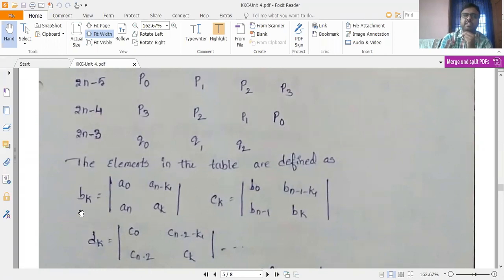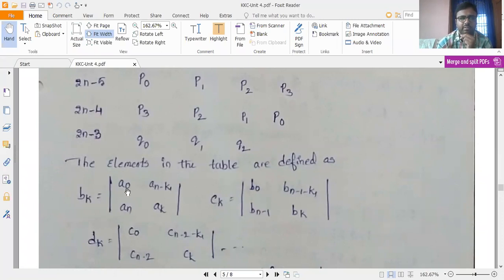Okay, so initially if you want the value b0, the k value is nothing but 0. Therefore, b0 is equal to the determinant of a0, an minus k, an, and ak, where n is the order of the equation and k is the value you have to determine. So let us suppose the order of the equation is 3 and the b0 value has to be calculated.